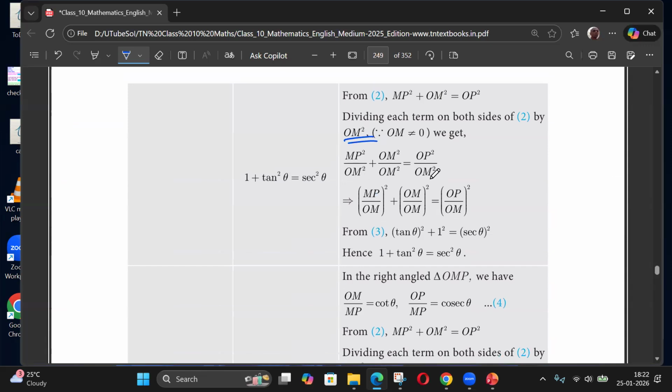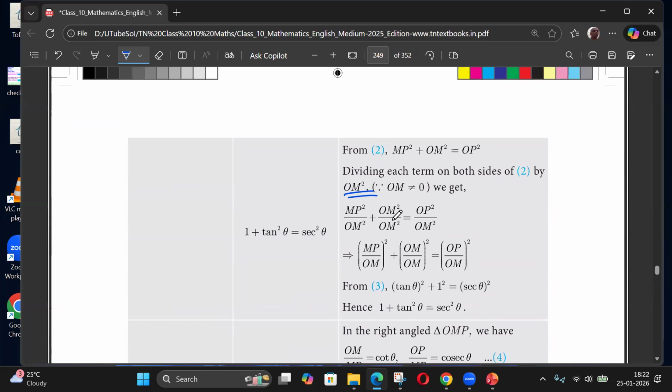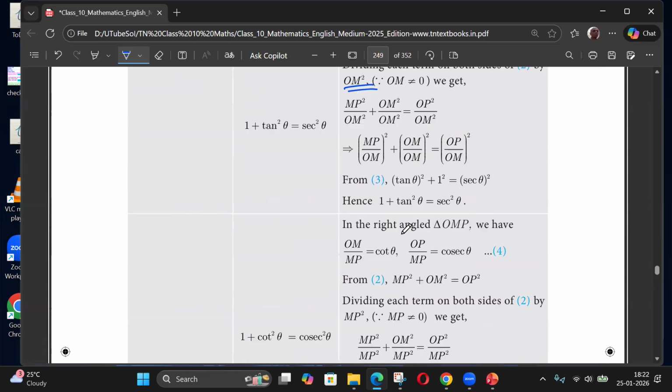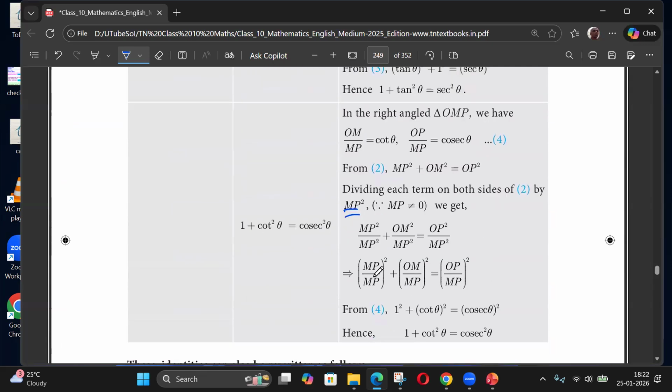So OM square: you'll get 1 here, and then MP by OM is tan theta, and OP by OM is secant theta. Second one, you have to take the other one. Here you get OM square divided by MP square.